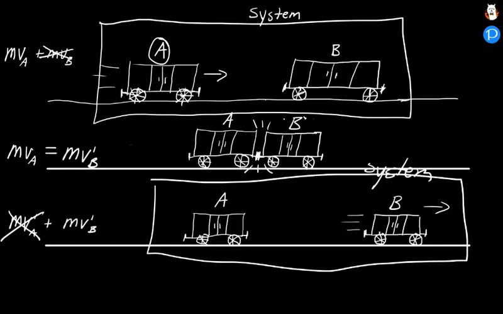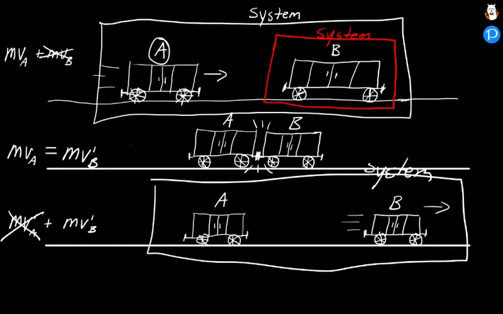Now, what if instead we were to say our system is not both cars A and B? What if I said that the system was just car B, and I'm not including car A in that scenario? If I were to do that, now my momentum is not conserved, right? Because my system is only car B. At the beginning, what's the amount of momentum in my system?